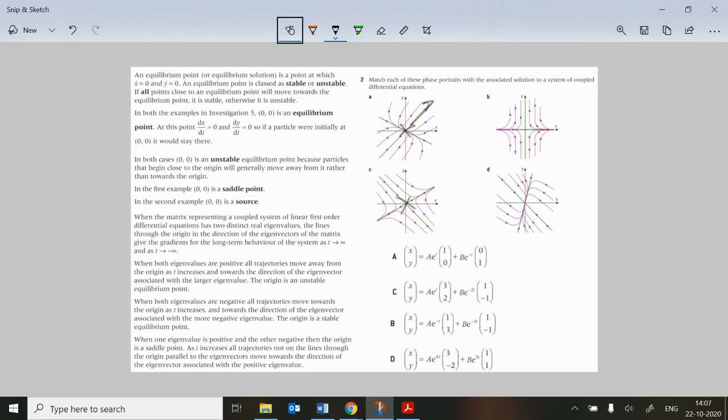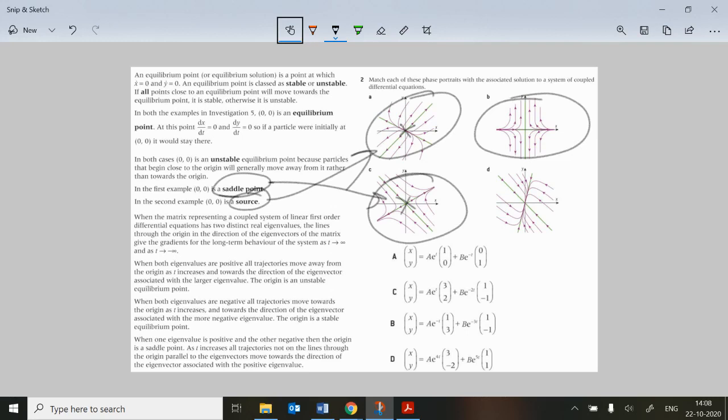Things emanate from the source. Okay, it's not going back towards. So this one is a source. This one is a saddle point. This one is also a saddle point because sometimes you move towards and sometimes you move away. Okay, so this is also a saddle point.